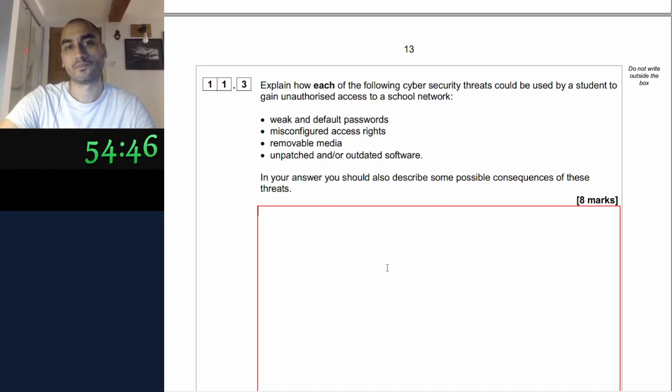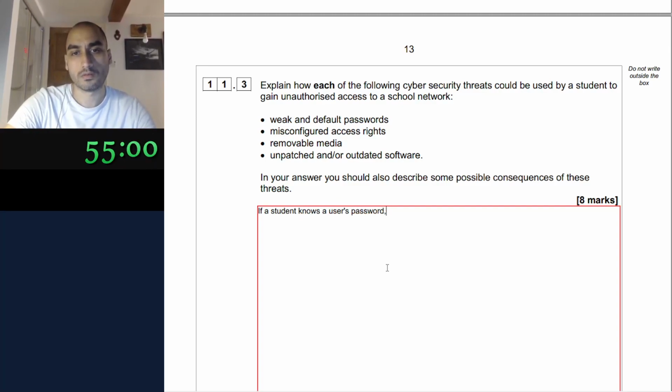Each of the following cybersecurity threats could be used by a student to gain unauthorized access to a school network. Okay. Weak and default passwords. A student knows a user's password. They can log in as the user and gain the user's full access rights to their machine or network.